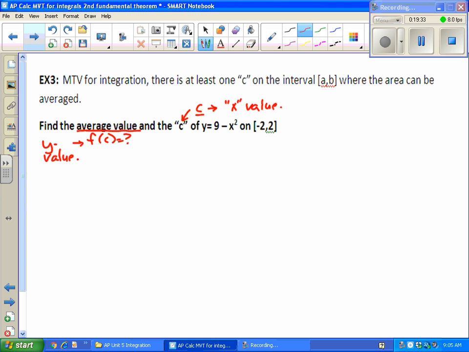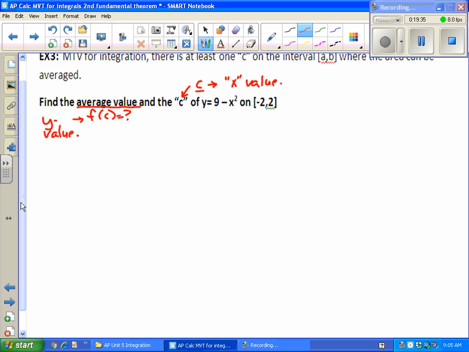Okay. Let's see if we can just graph this so we get a picture. All right, 9 minus x squared. Do you know what that looks like? It's going to be, goes up to 9, and it's minus x squared. So that's a parabola that turns down. But I don't need all of it. Let's see.